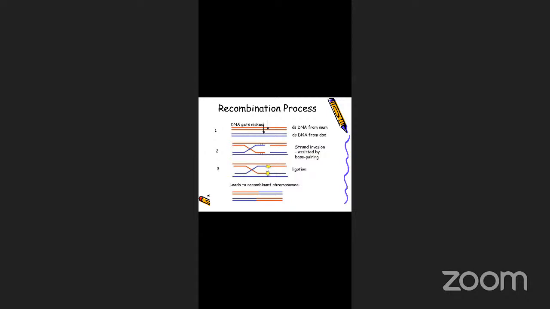And there will be crossing over here. Then after that, the ligation takes place. There are various enzymes, ligases and polymerases, which do all these things. Finally, half the segment is from the father and half from the mother, so we get a different combination of genes.